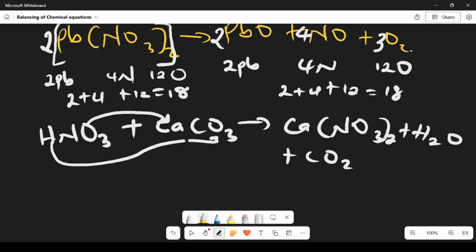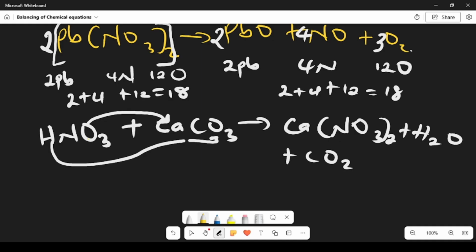So we have hydrogen, we have nitrogen, we have oxygen, and we have calcium, and finally carbon. Okay, one, two, three, four, five principal elements that make up these compounds.